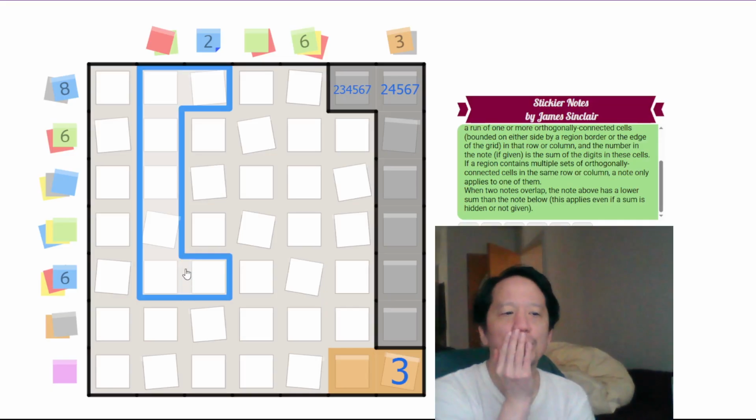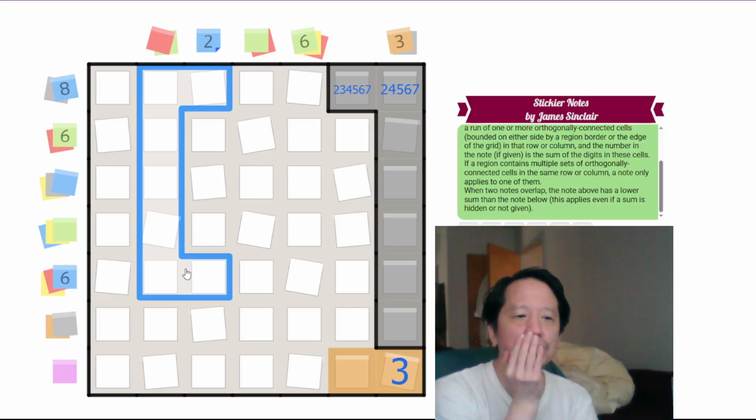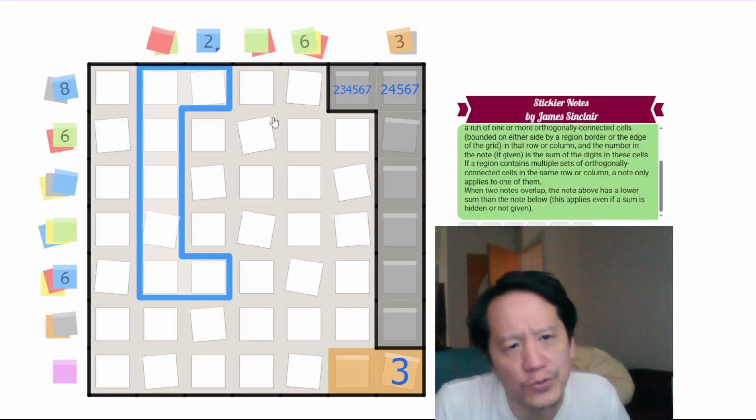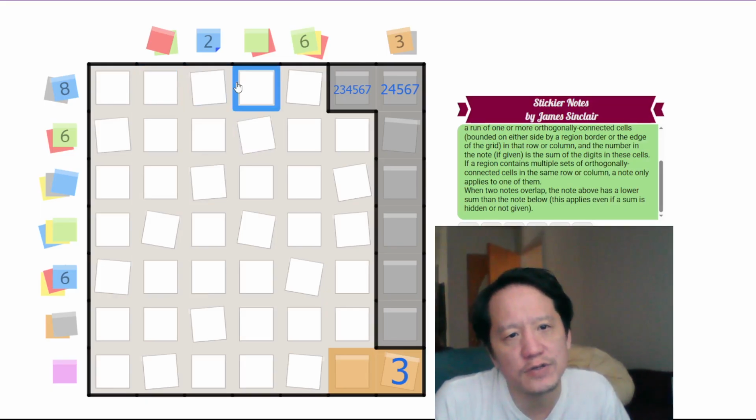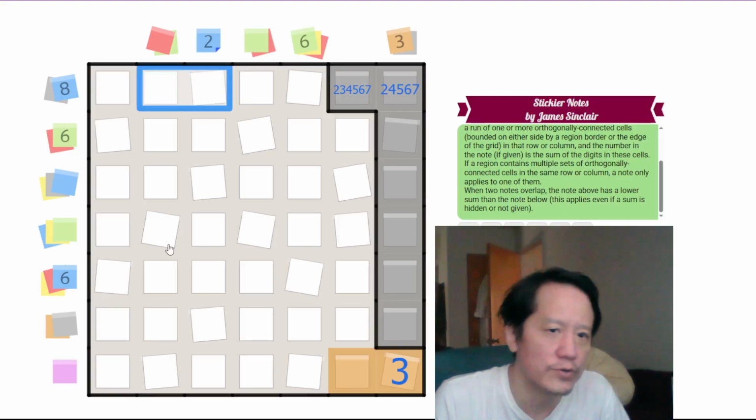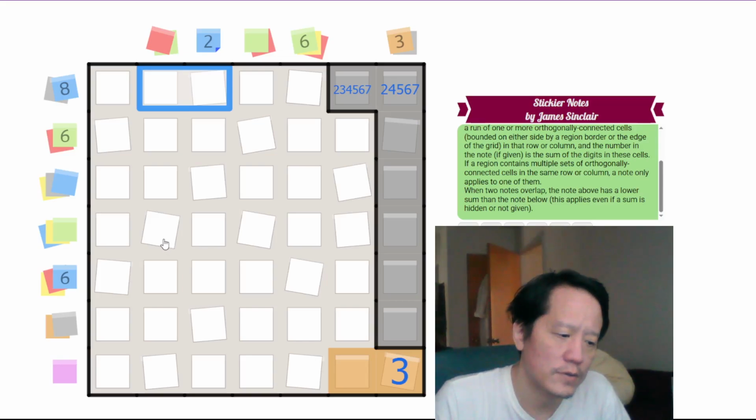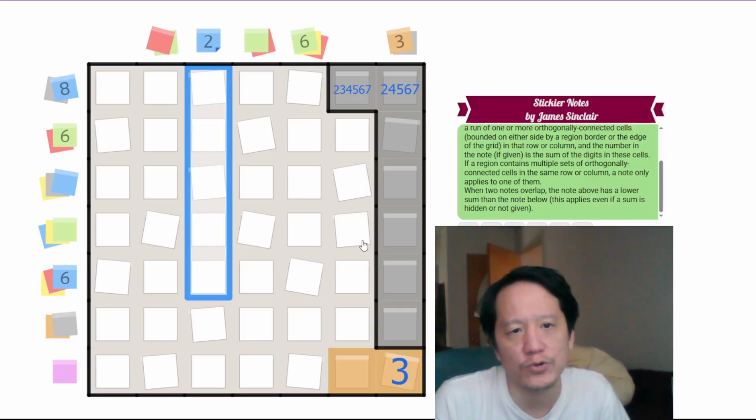Oh. Interesting. So what the blue is going to be... If we try to have the 2 go there... Obviously, you can't have all 5 blues there.